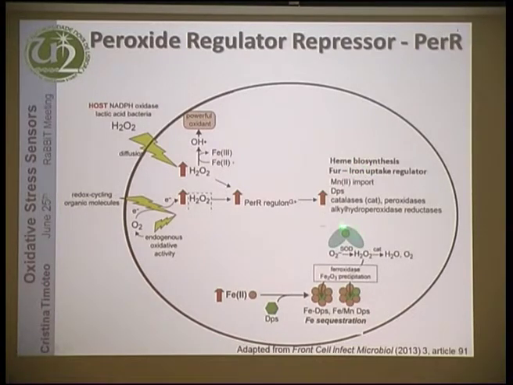And also in some bacteria it includes superoxide dismutase, biosynthesis enzymes, and also the iron uptake regulator. The iron uptake regulator is the protein which also regulates all the proteins necessary for the uptake of iron. So FUR regulates PER and PER regulates FUR.